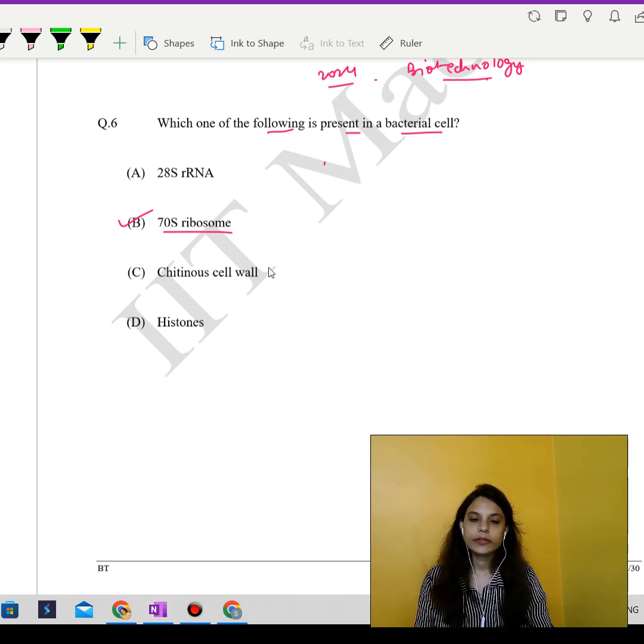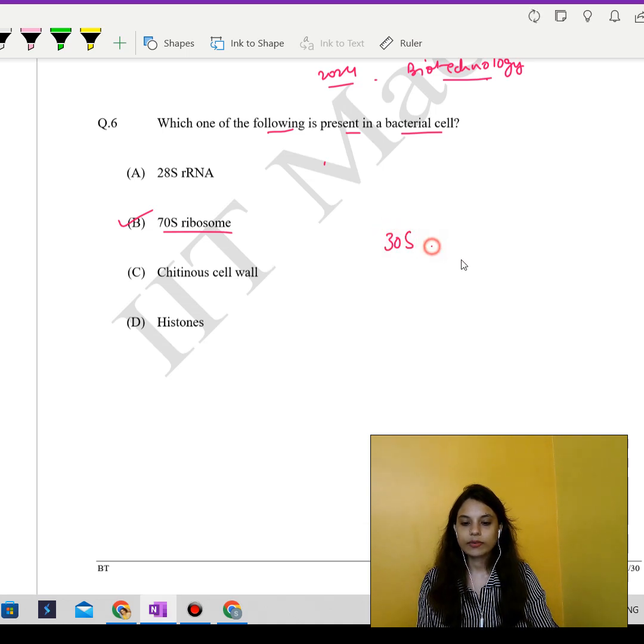Now, about the composition, these ribosomes comprise two subunits: a smaller 30S subunit and a larger 50S subunit. Each subunit contains ribosomal RNA, that's the rRNA, and ribosomal proteins.